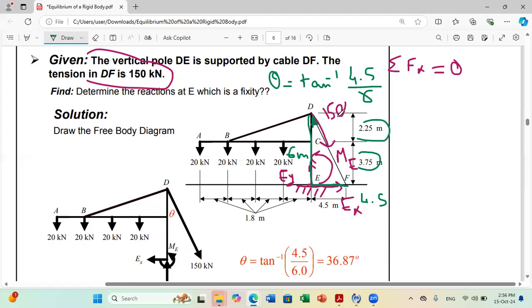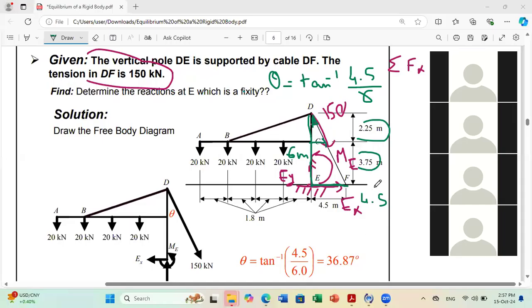When I project my 150 kilonewton force in X, I need to do sine theta because this angle is opposing. So we were saying that first we need to project in X. If I want to project along X, we have to consider this force times sine of this angle.